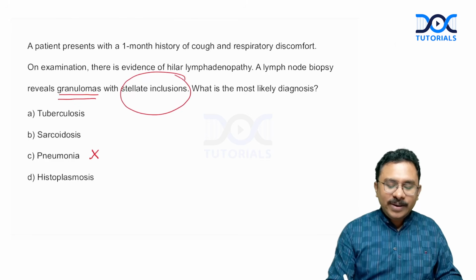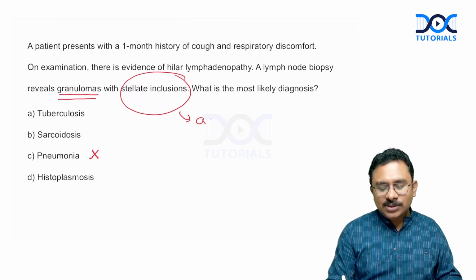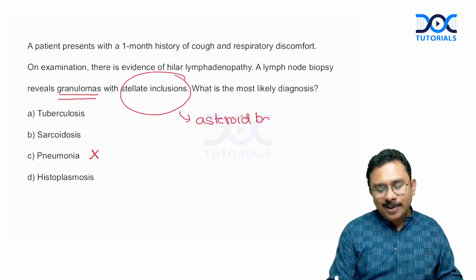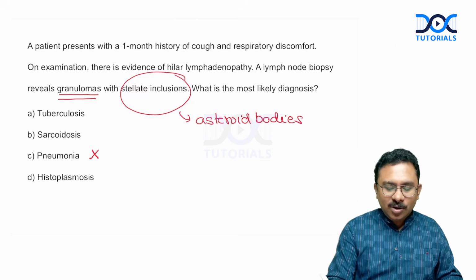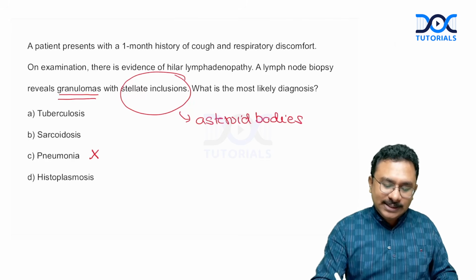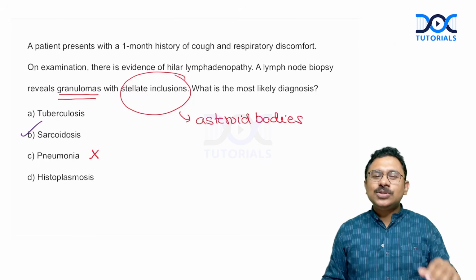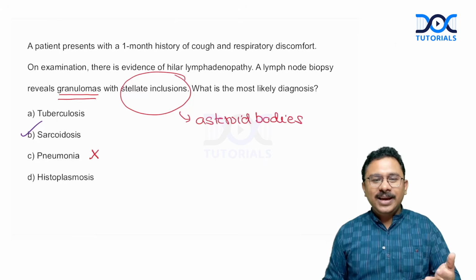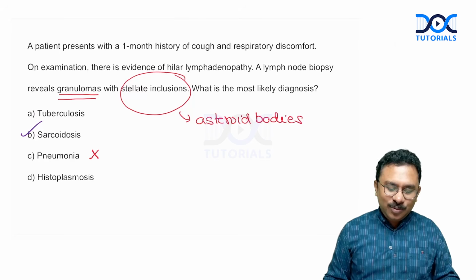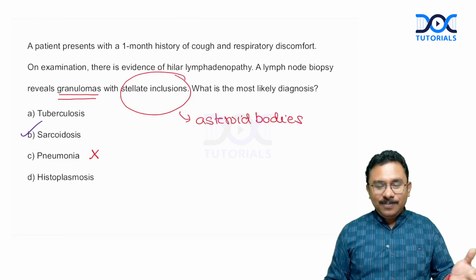But when you have got mention of stellate inclusions, it is likely to be asteroid bodies, what the examiner has meant. So asteroid bodies are likely to occur in this case. So this question's answer is option B. Tuberculosis will have caseous necrosis, so caseating granuloma mention would be there.